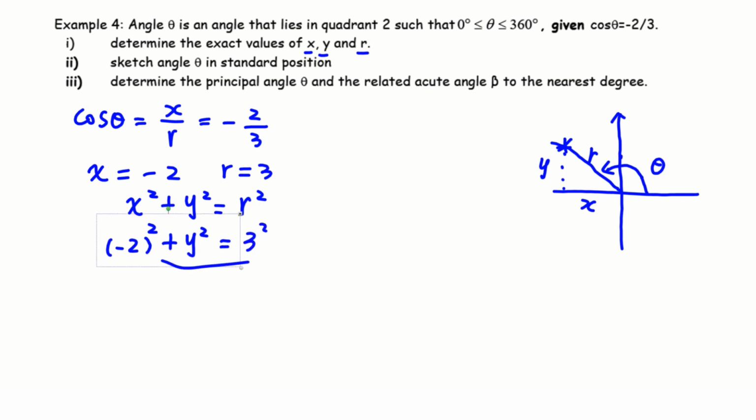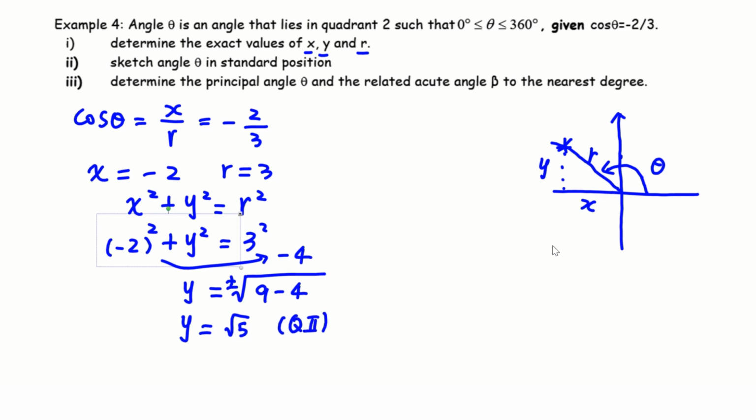Move the negative 2 squared to the other side, it's minus 4. So we have y equals square root, positive or negative, 9 minus 4 gives you 5. And because it's in the second quadrant, it will be positive square root 5. If it's a third quadrant, then y will be negative.